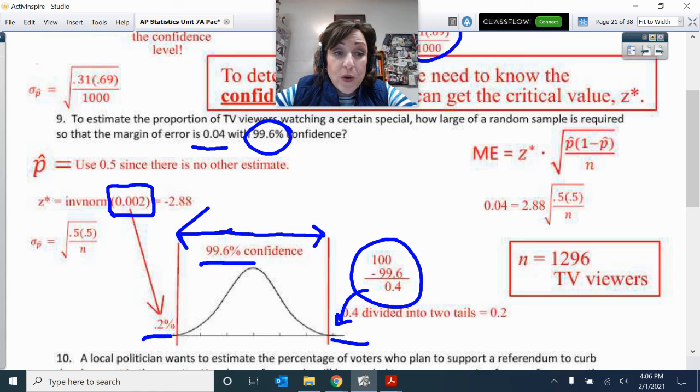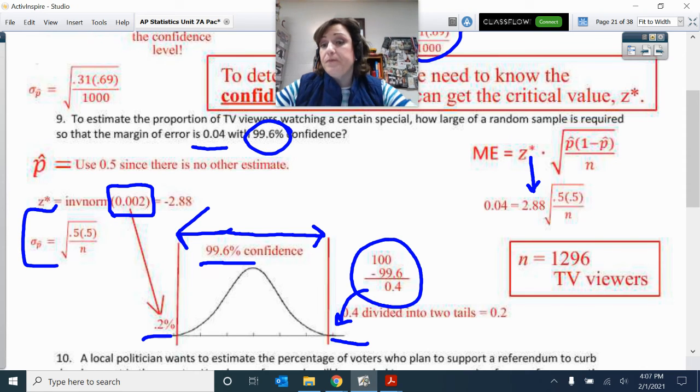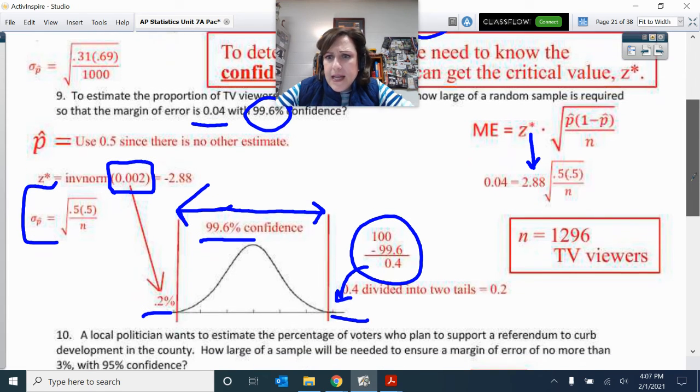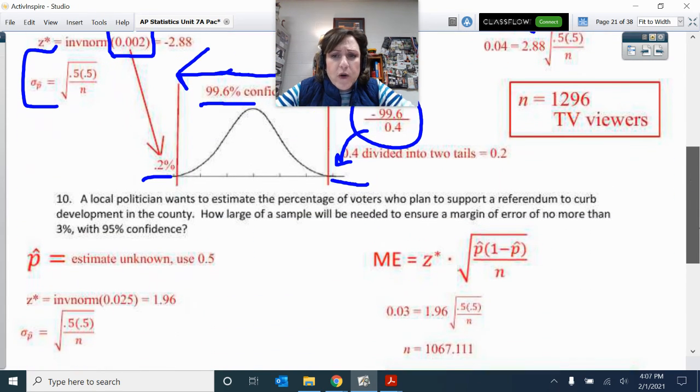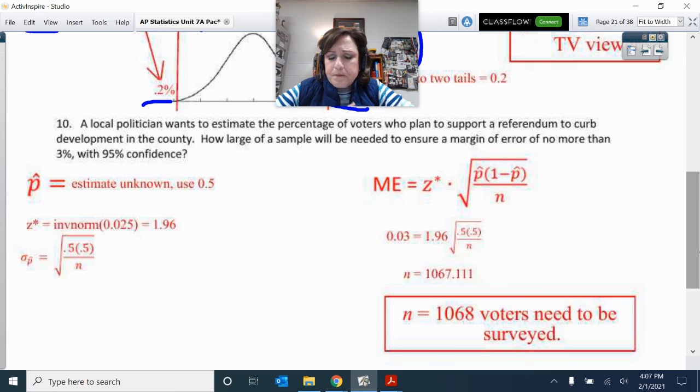So I inverse normed 0.002, and that is how I got that critical value of 2.88. I had to use 0.5 for my p-hat, and then I solved. I think it actually ended up coming exactly out to 1296, if I remember correctly on that problem. Either that one came out exactly or, yeah, I guess this one did not.